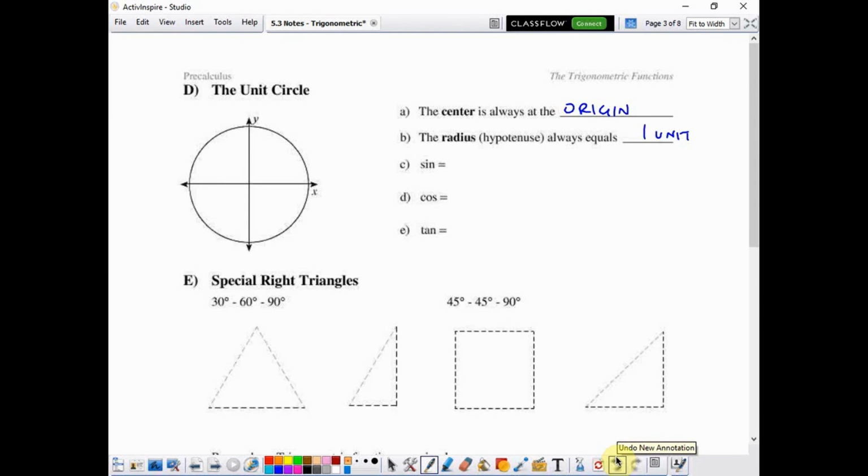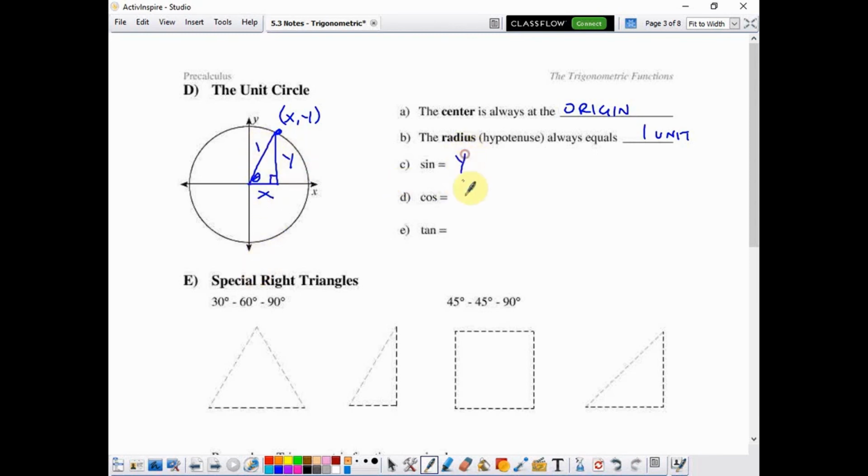So in a true unit circle, you've got some point x, y. That means it's over x units and up y units. And that radius is 1. Sine is opposite over hypotenuse. So there's your theta, there's your right angle. So that's y over 1.